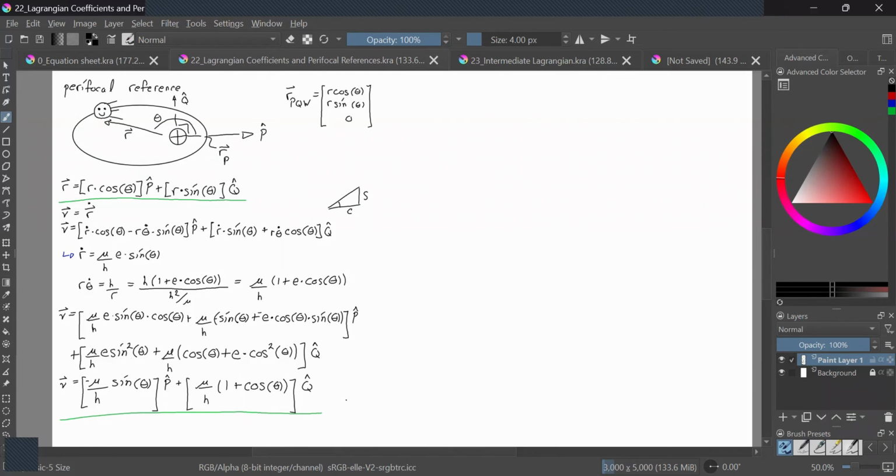And with this expertly drawn diagram, if I may say so myself, we then took our position and velocity equations, which are good for any time, or for any position, I suppose, in the perifocal reference frame.